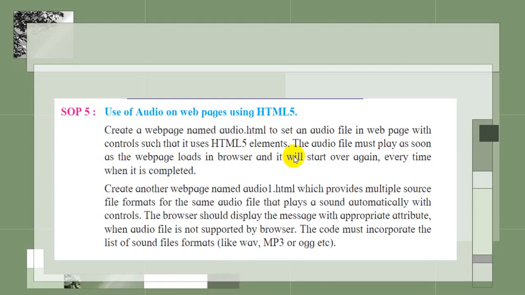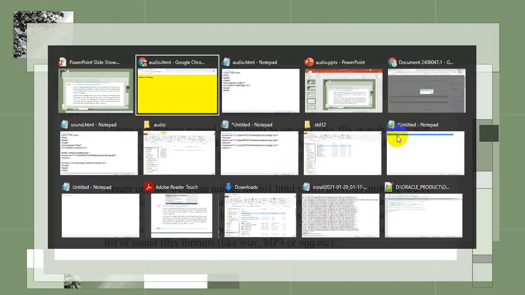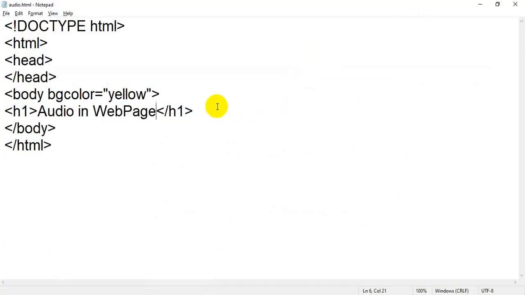Now again move to your question. Read out the next sentence. Set an audio file in web page. If you are going to set an audio file, we have a tag called audio tag. I am moving to my body tag because we have to add it inside the body tag.